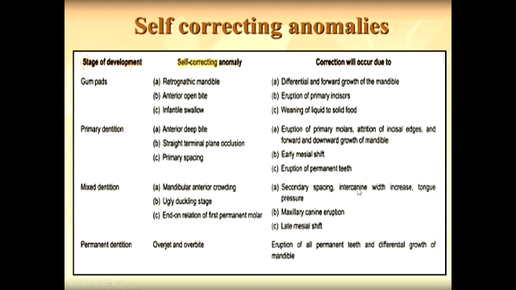Secondary spacing, intercanine width, and increased tongue pressure are corrected due to maxillary canine eruption and lateral mesial drift. While in the permanent dentition, overjet and overbite are self-correcting with eruption of all permanent teeth and differential growth of the mandible; correction will be done later.